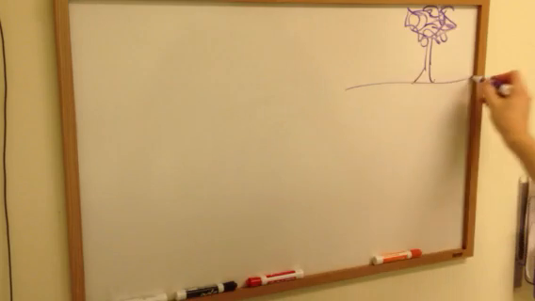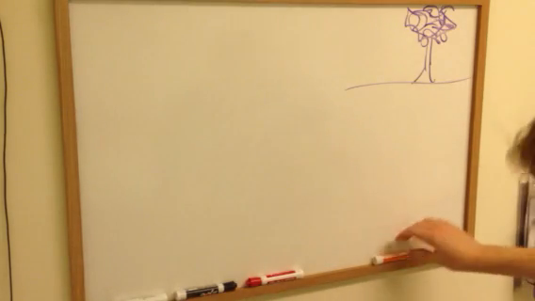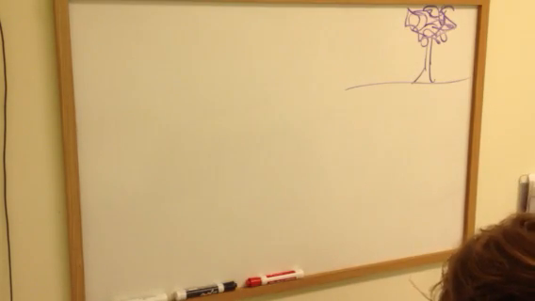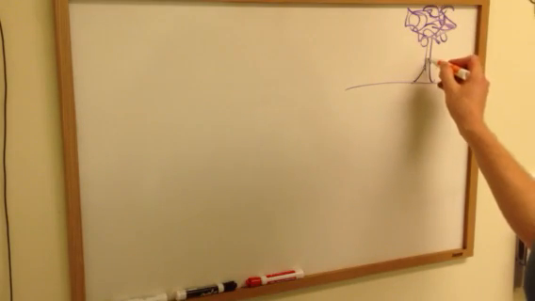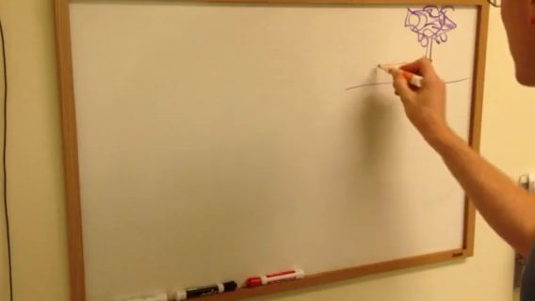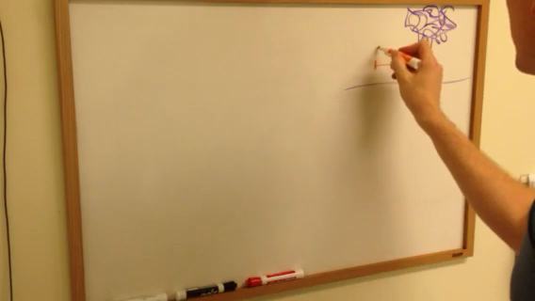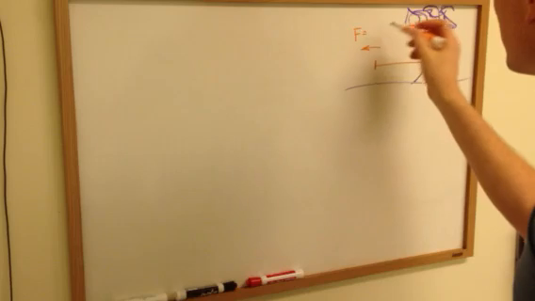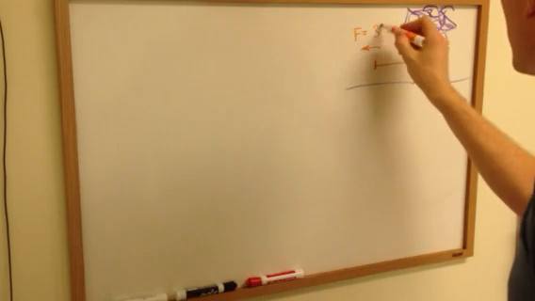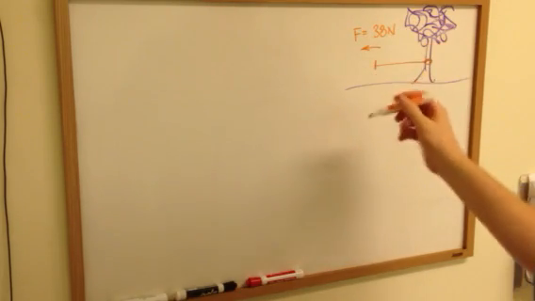So here's our tree. You tied one end to a tree and pulled on the other with a force of 380 newtons. So there you've tied the bungee cord. You're pulling with F equals, for me it was 380 newtons, not important.